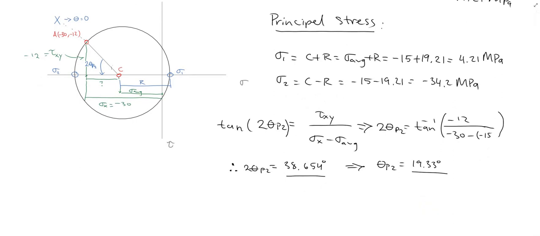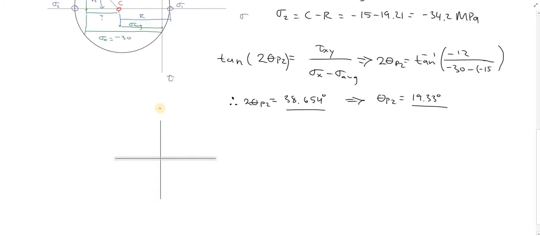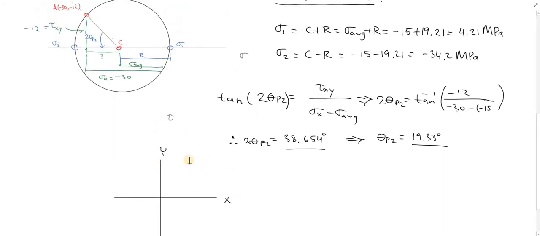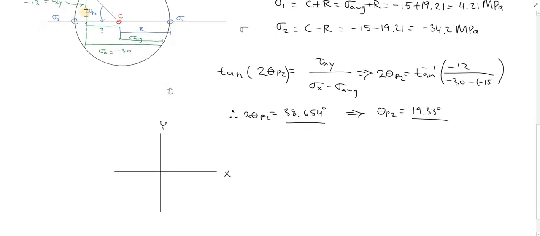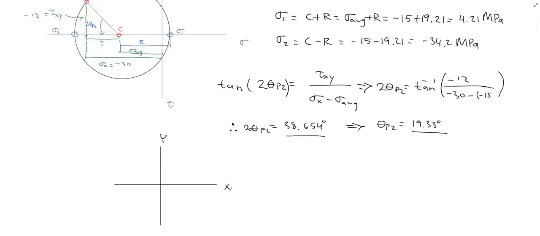So let's go ahead and draw this element. This is my y, and this is my x. So this coordinate field refers to my reference point, and the transformed element is then simply this is my element.